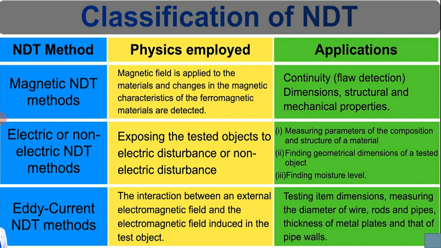Next method, eddy current non-destructive method. The interaction between an external electromagnetic field and the electromagnetic field induced in the test object. Application: testing item dimensions, measuring the diameter of wire, rod and pipes, thickness of metal plates and that of pipe walls. These are the non-destructive methods.